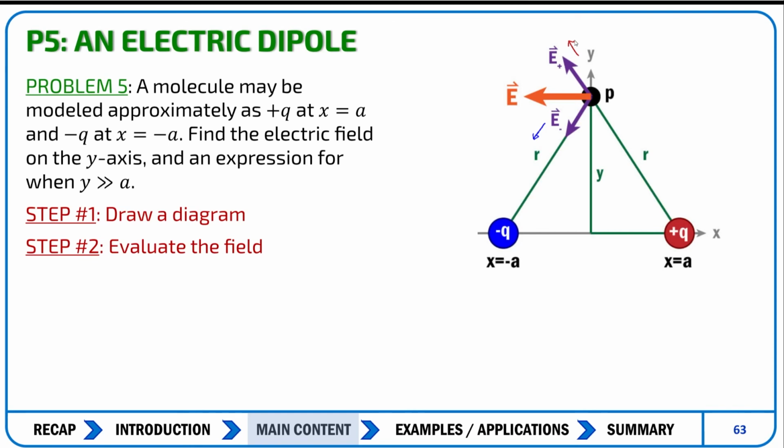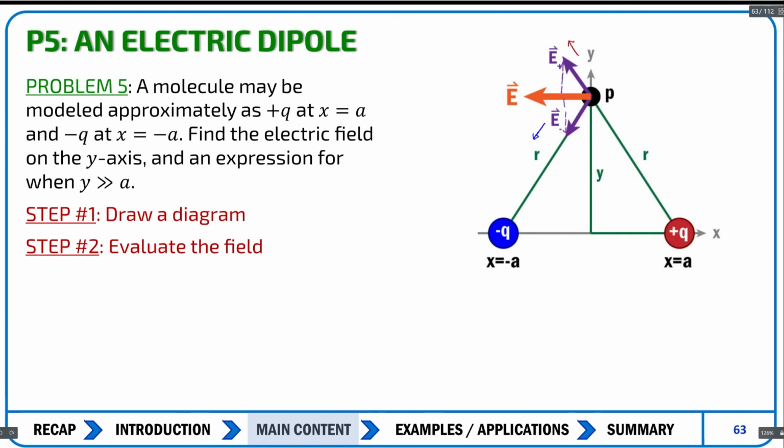We know that there's only one component involved after we draw the diagram, because the y component cancels out, since we have essentially this going up and this going down. So the only thing left is in the negative x direction.